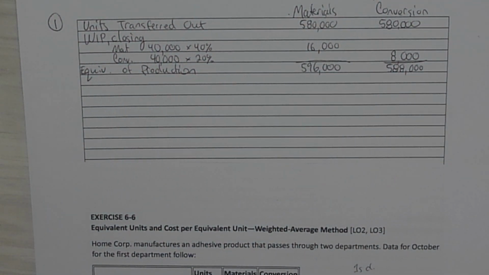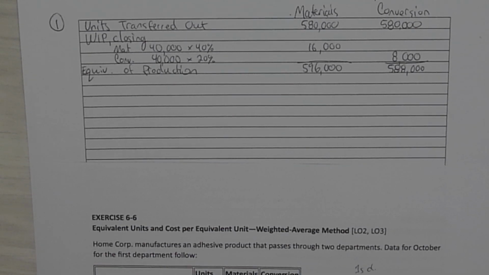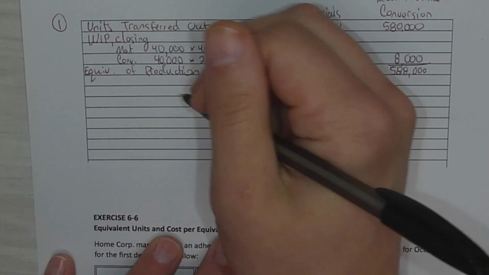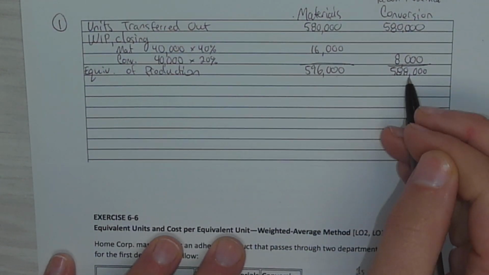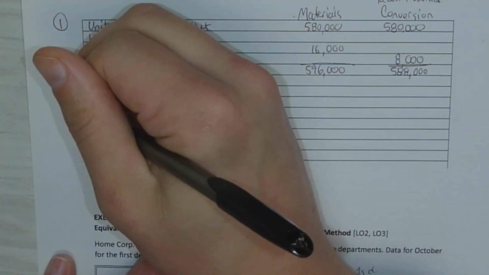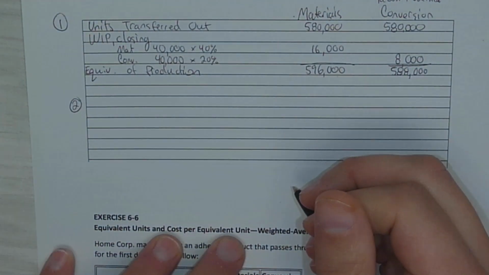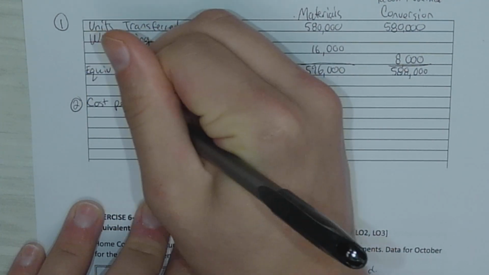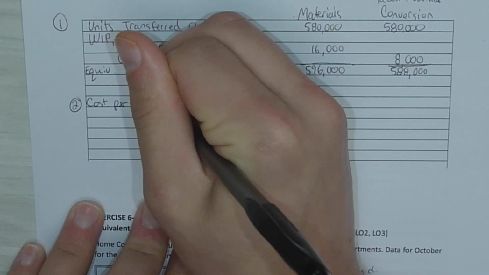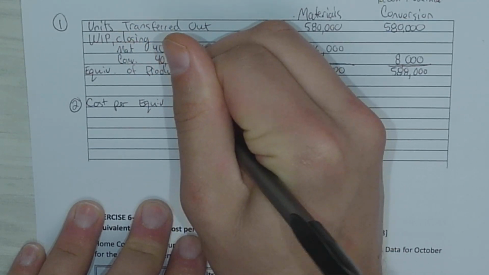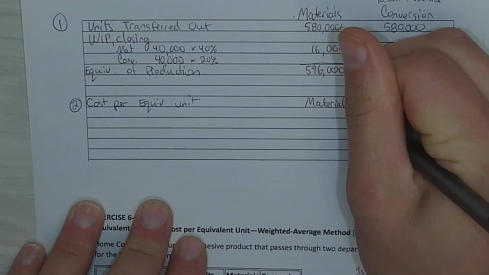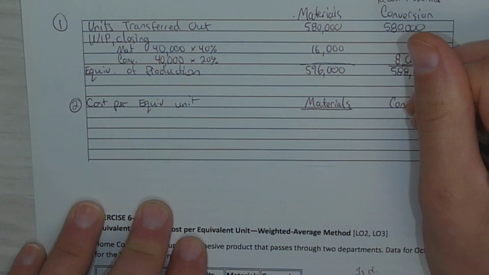Now determine the cost per equivalent unit for October. These are equivalent units, so now we just need to determine the total cost. So we're going to determine our cost per equivalent unit, and we'll follow, again, the same materials and conversion.